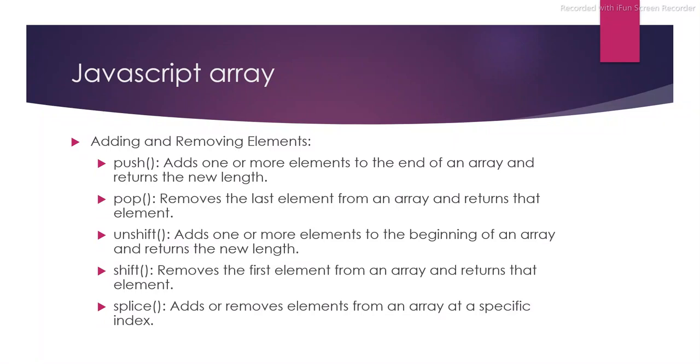So here I have push, pop, which is like insert, delete. Push will add one element into the array, and pop will remove the last element from the array. And then unshift adds one or more elements into the beginning of an array. Remember push will add one element at the end of the array.